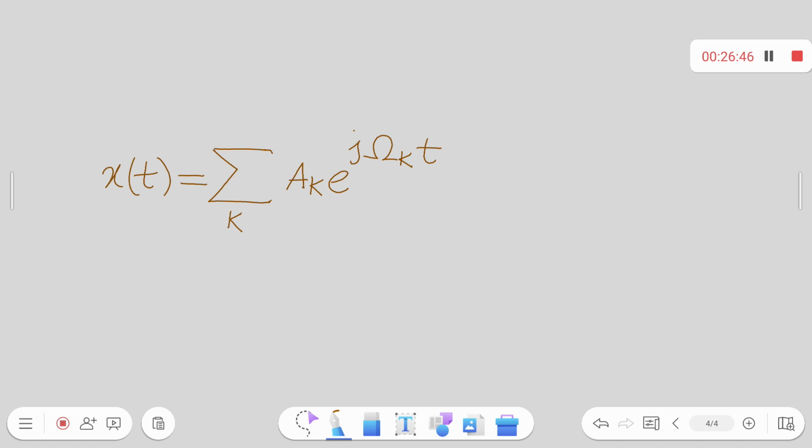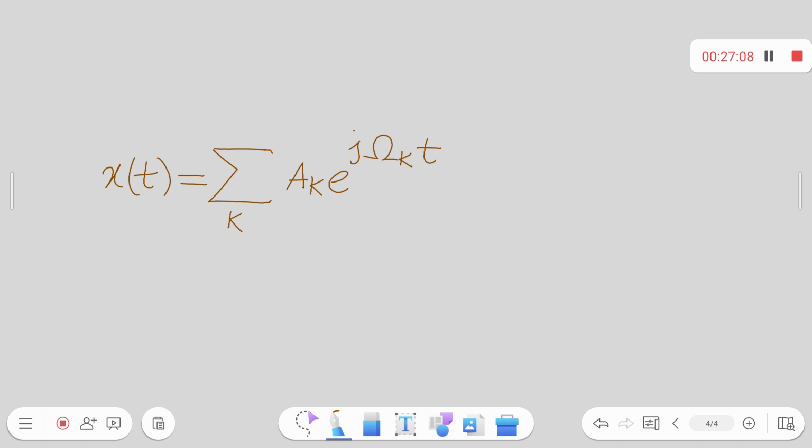Can you understand what is meant by this? a k e to the power j omega k t. You have one particular k. Let's consider k equal to 0, our previous case, omega naught. Consider k equal to 1, omega 1, k equal to 2, omega 2, k equal to 3, omega 3, something like that, or minus 1, minus 2, minus 3, and so on and so forth.